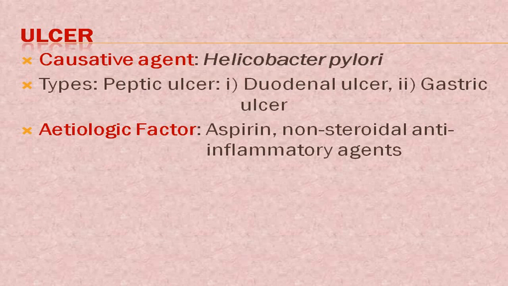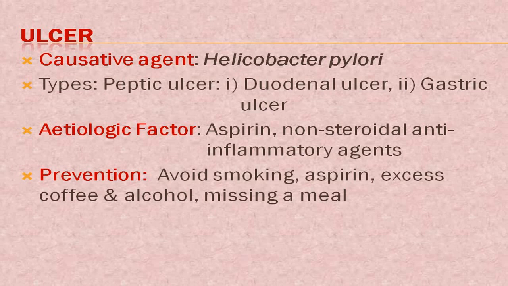Medicines like aspirin and non-steroidal anti-inflammatory agents also aggravate ulcer. And sometimes peptic ulcer runs in families, that is, it is a hereditary disease.